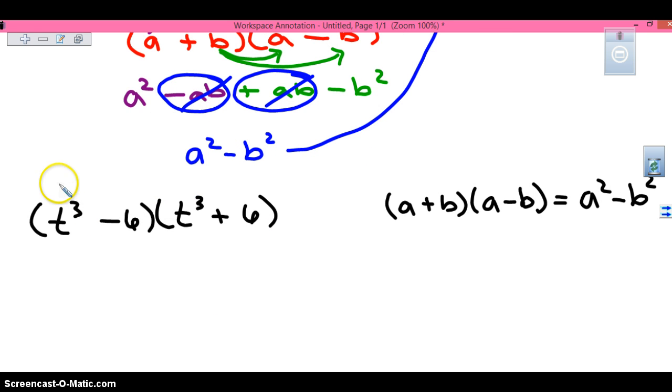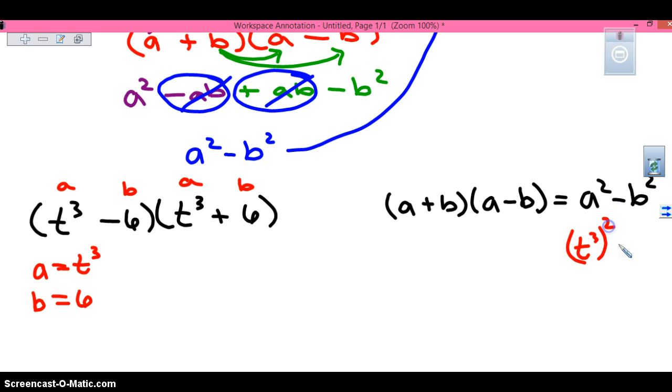So in this problem, this will be a, this will be b. So if a is equal to t cubed and b is equal to 6, we can substitute and say (t cubed) squared minus 6 squared, t to the 6 minus 36.